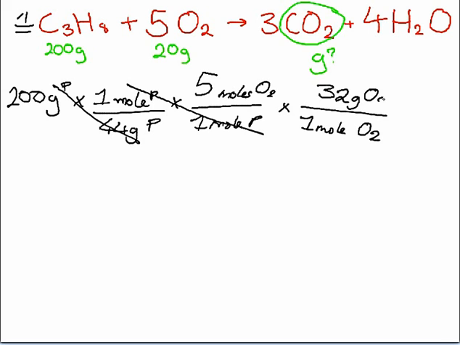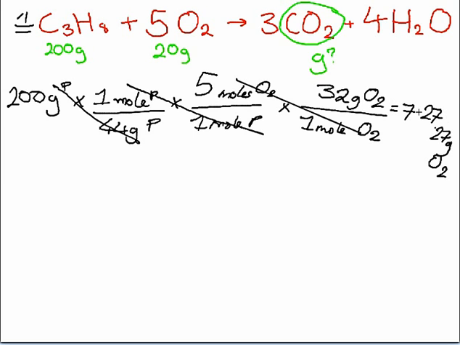Okay, and then now this is canceled out, this is canceled out, and after you do 200 times 5 times 32 divided by 44, you get 727.27 grams of O2.